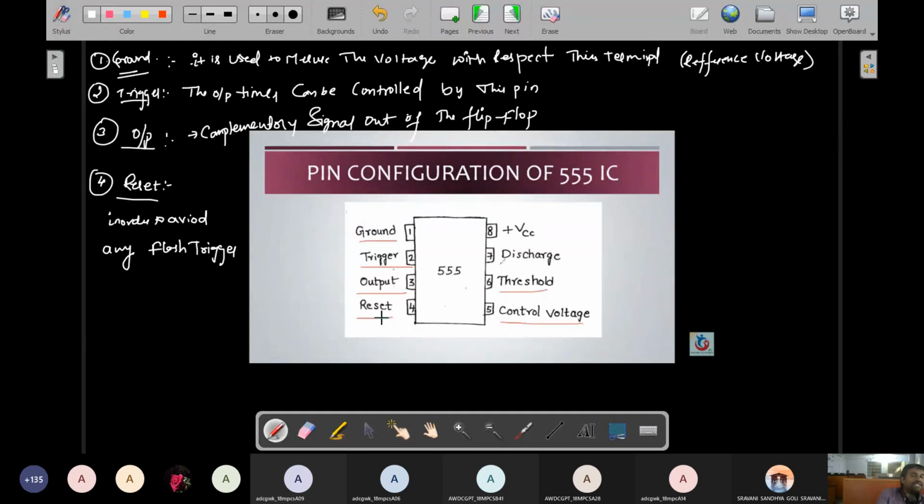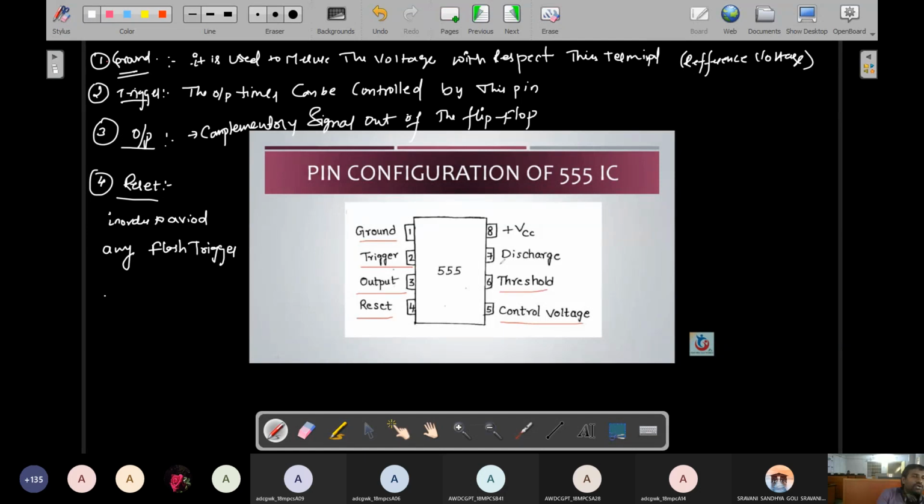If you give a flash trigger to this reset pin, once you push the flash trigger, that additional voltage will be avoided. It is in order to avoid any flash triggering.